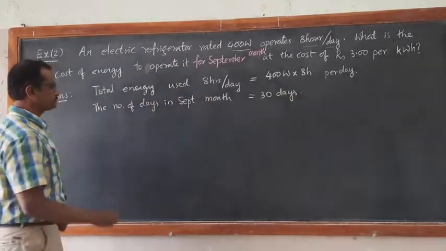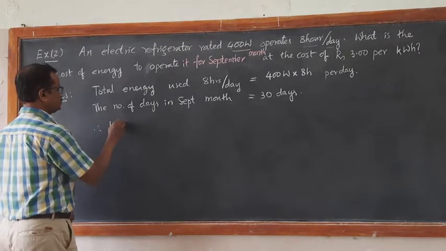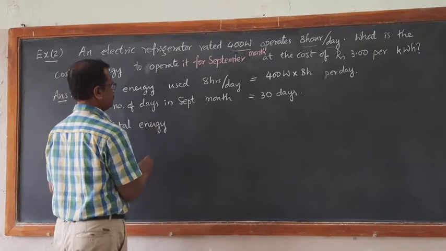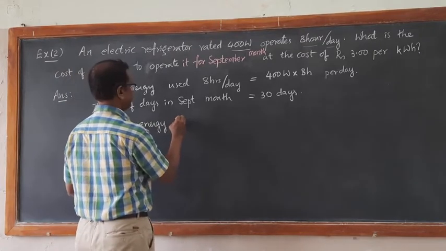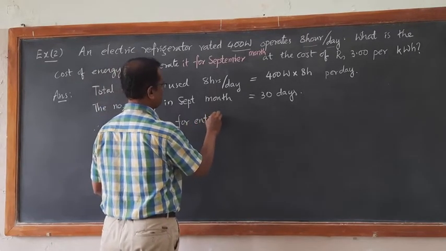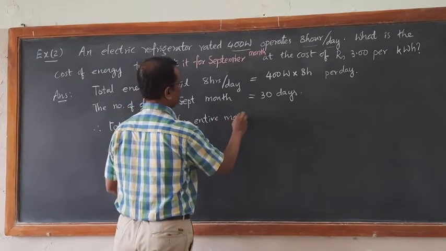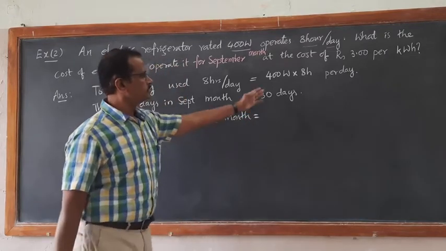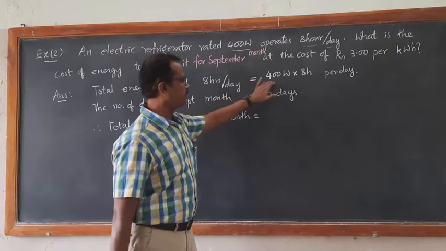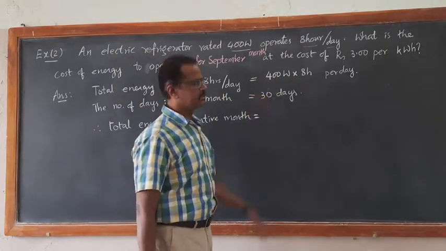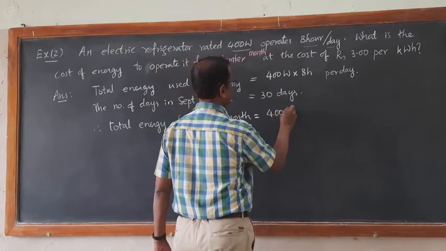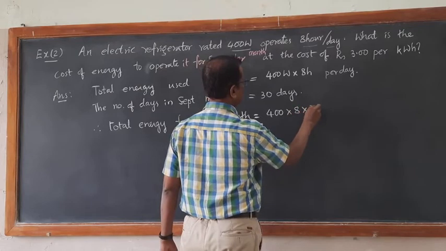Therefore, the total energy for the entire month is equal to this multiplied by 30 days. Per day it is 400 into 8. Therefore, for 30 days, 400 into 8 into 30.